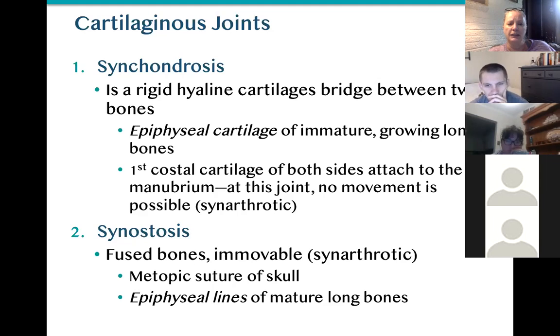The other place that you see a synchondrosis is the attachment of the first rib to the manubrium. The manubrium is the top of the sternum, the shield point, and that too can close off, and you will have a synarthrotic joint, okay? A synostosis joint is when you have completely fused bones that become immovable or synarthrotic.